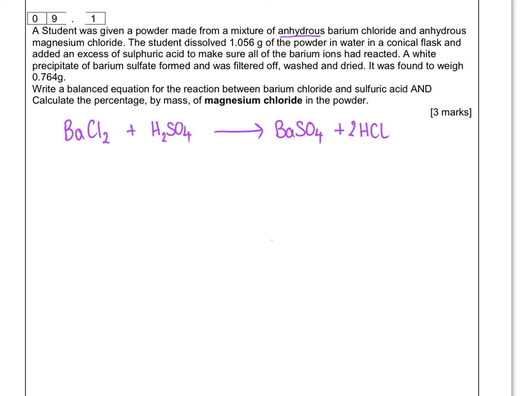The next bit asks us to calculate the percentage by mass of magnesium chloride in the original powder. So we need to work out how many moles of barium sulfate we had at the end.